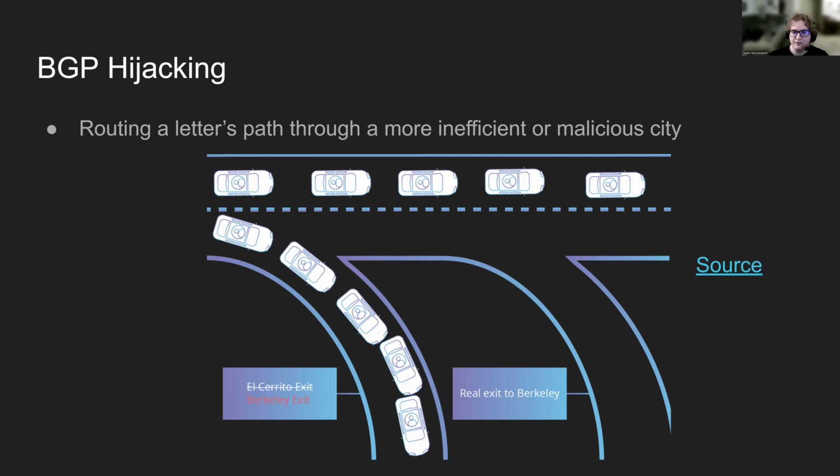And because of that, it takes longer to get somewhere. And on top of that, the person in Toronto, if they wanted to, could open my mail, read it, put it back in the envelope, and send it on. So that's BGP hijacking. You're routing information through a less efficient path, and maybe you're trying to read it and store it for the future.